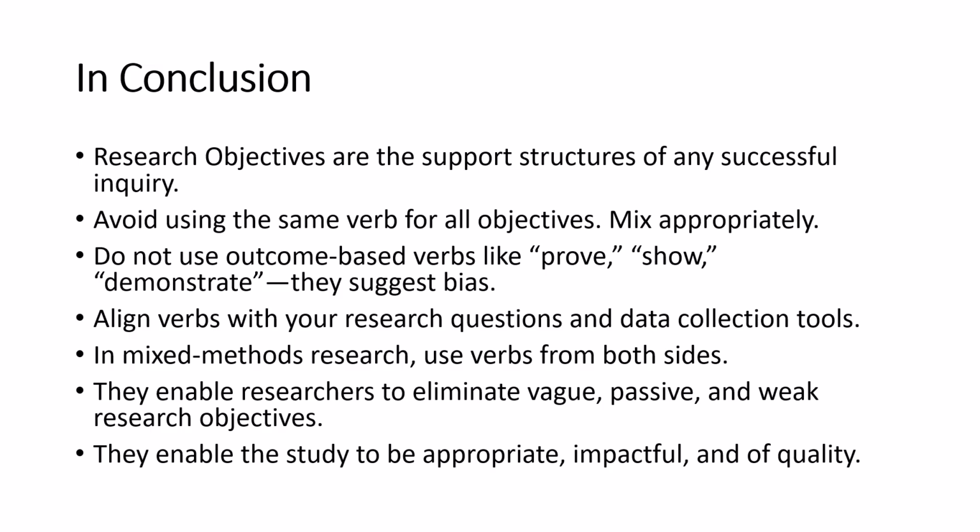You use verbs for quantitative, and at the same time you use verbs for qualitative. They enable researchers to eliminate vague, passive, and weak research objectives. That is, when you have concise, correct, precise research objectives, it will help you as a researcher to eliminate vague, weak, and passive research objectives, and they enable the study to be appropriate, to be impactful, and also to be of good quality.